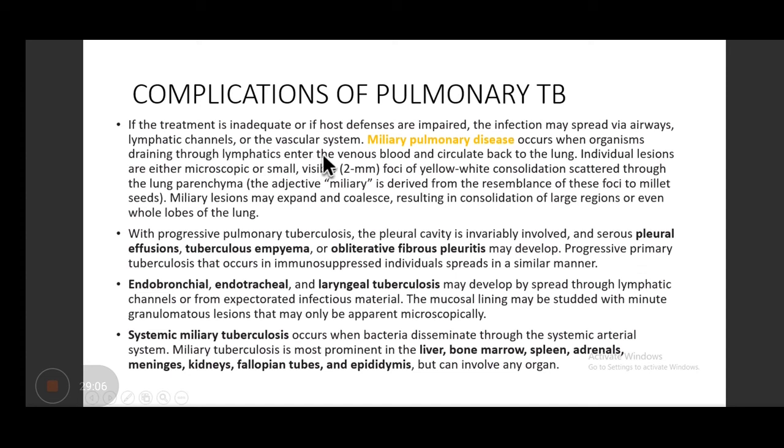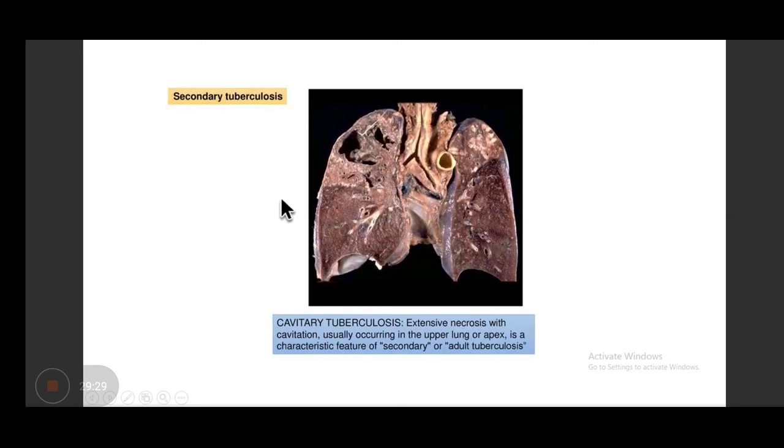It occurs when organisms drain through lymphatics, enter the venous blood, and circulate back to the lungs. Individual lesions are either microscopic or small. Visible 2 millimeter foci of yellow-white consolidations are scattered throughout the lung parenchyma. They are called miliary because they resemble these yellow-white millet seeds, as was shown in a beautiful picture as well.